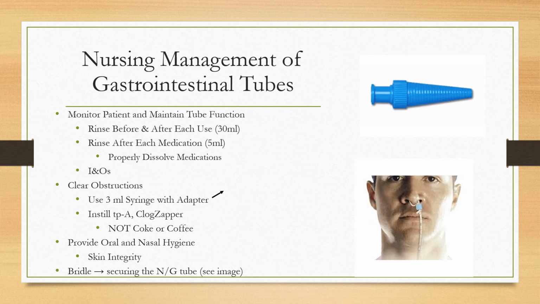Okay. Also flushing with at least 5 milliliters after each medication. So you may have multiple medications, but they should each be flushed after administering the medication in an NG tube. Okay, and the medication really needs to be dissolved in fluid before putting it in the NG tube.